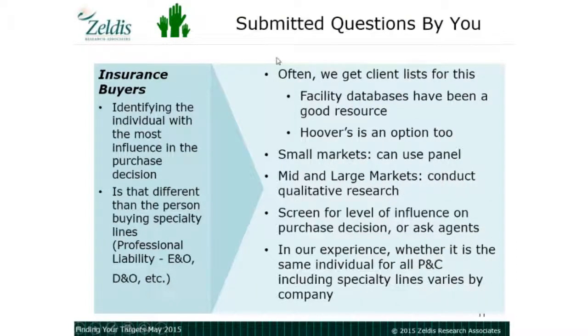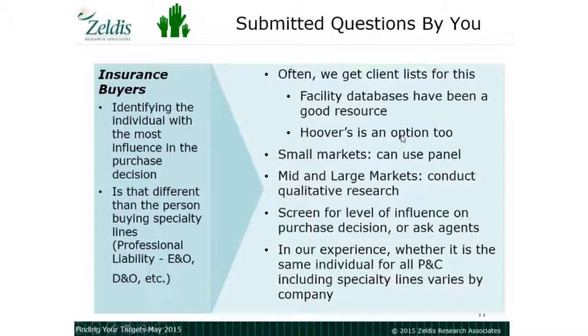Most often when we're looking for these folks, we do get client lists for them. Facility databases, Hoovers, D&B, those are also options. If we're talking about small markets, you can find these folks on panels, but when it comes to the mid and large size markets, we depend more on lists or facility databases, and we do more of a qualitative methodology with those folks.